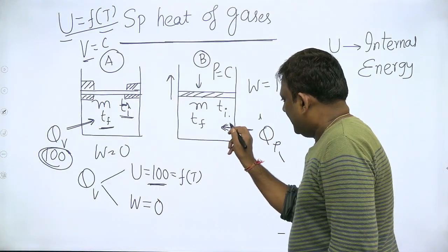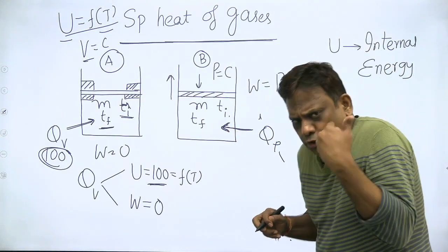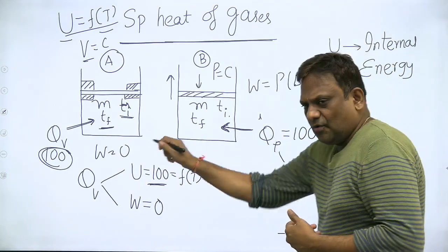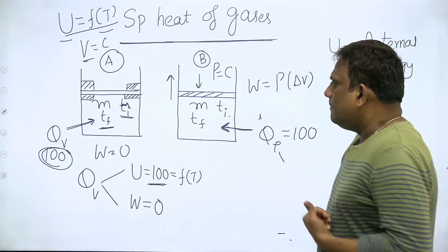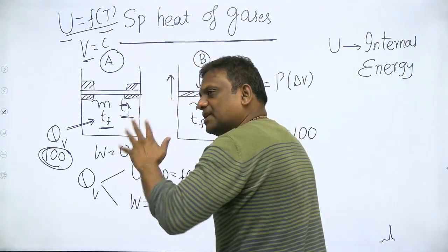We are supplying heat. Let us assume that we have supplied 100 units of heat. Same what we have done in case 1. But the piston is moving at a uniform velocity. It is a constant pressure process.